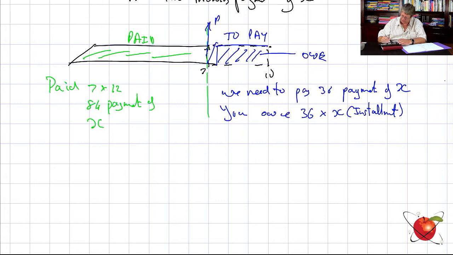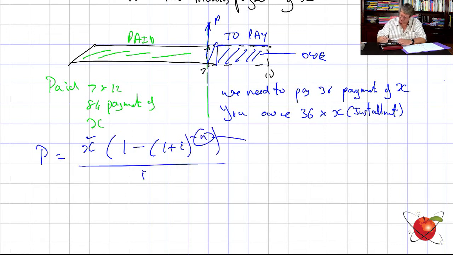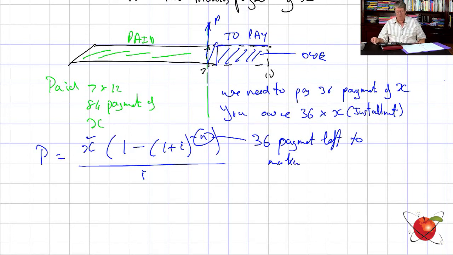Therefore, the present value of this annuity is going to be equal to X, which we know, times 1 minus 1 plus i to the power of minus n, over i. This n here is going to be equal to 36 payments left to make. Because I'm working out how much I owe, I've got to pay the bank all of those. What's that worth today? It is worth that amount. So that is the outstanding balance.